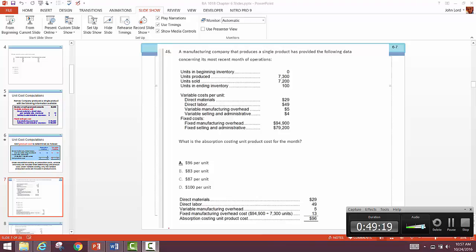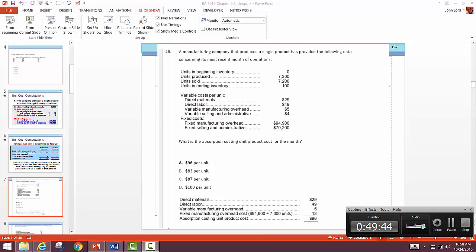It's the fixed cost per unit of $13 per unit times the 100 units that I haven't sold yet. That's still sitting in my ending inventory under absorption, which I have expensed already under variable, right? Okay.